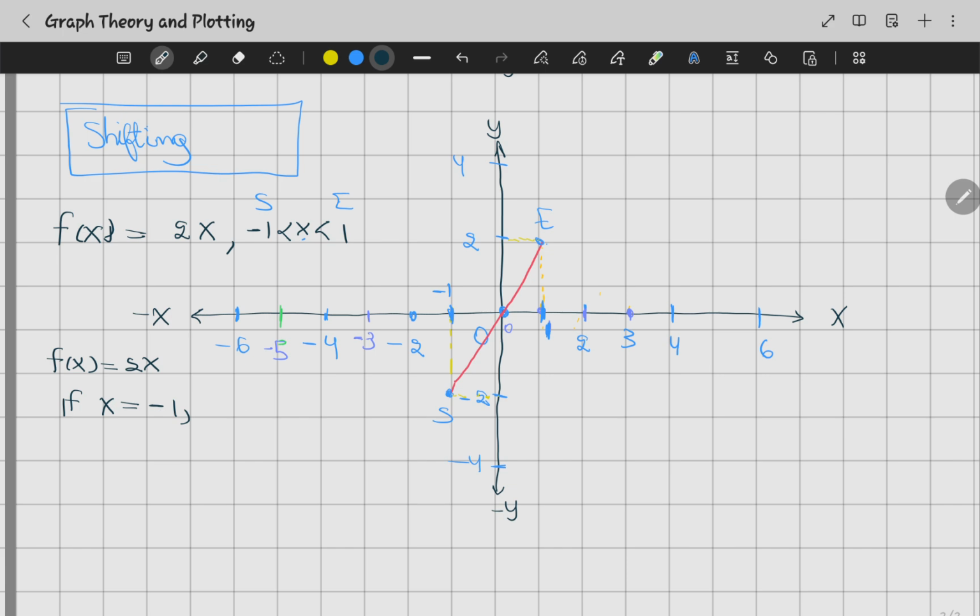If I plug in -1, it will be f of -1 equal to 2 times -1, which will give me -2. Okay, and if x equal to 1, it will be f of 1, which will be equal to 2 times 1, and then the answer to this.